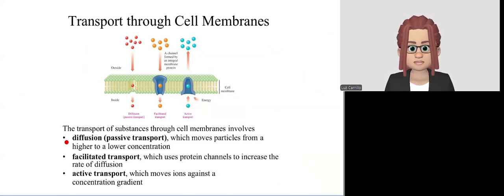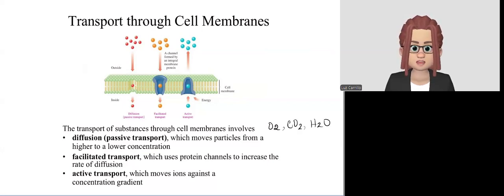And when it comes to diffusion, this specifically is going to allow particles from higher concentration to lower concentration to move inside of the cell. Typically, diffusion is going to happen to small molecules that include oxygen gas, CO2 gas, and even water can partake in diffusion.